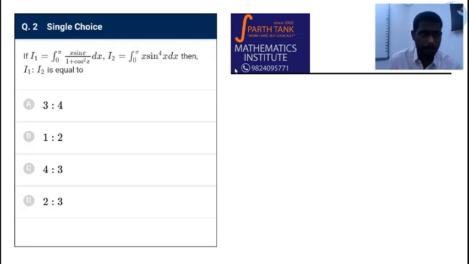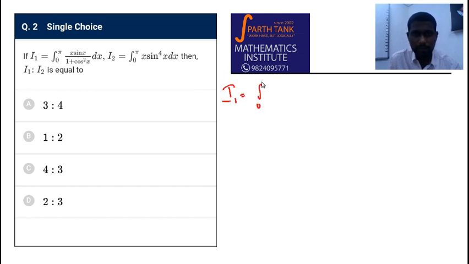Question number 2. If I1 is a definite integral and I2 is another integral, then I1 is to I2 is equal to. Now these two are fairly simple integrals. We use some properties of definite integrals and these are done in a jiffy. Let's see.